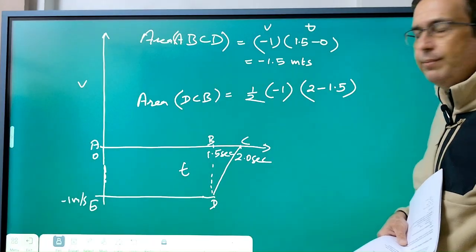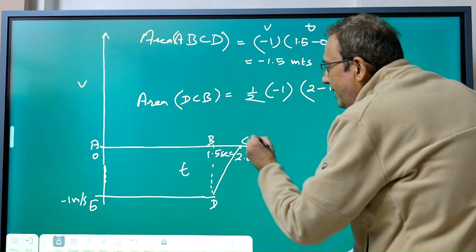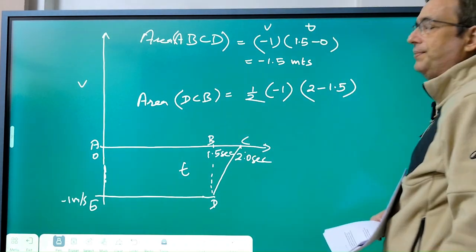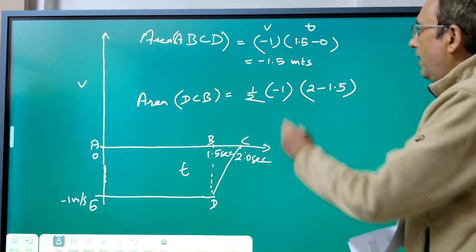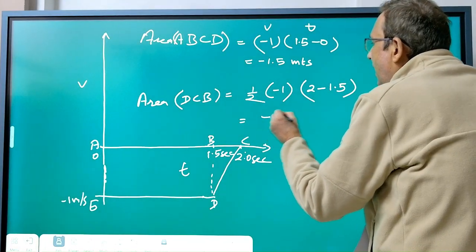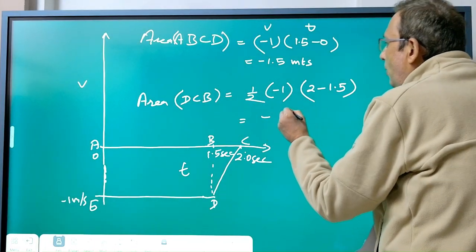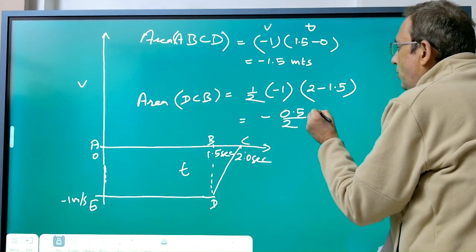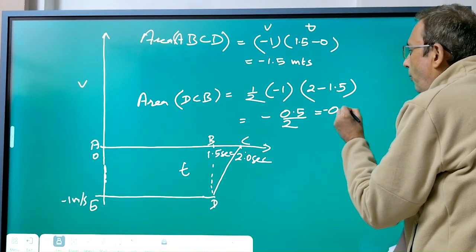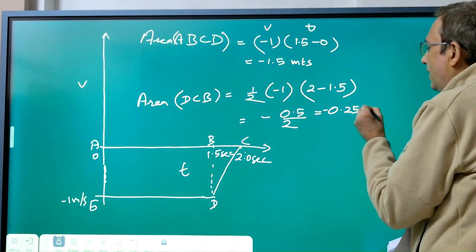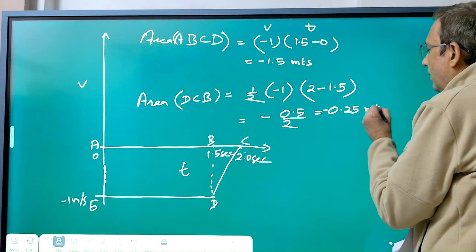Okay, so this is the base, BC is the base, so it is 2 minus 1.5, and so it will turn out to be equal to minus 0.5 by 2, which would be equal to minus 0.25, again in the units of meters.